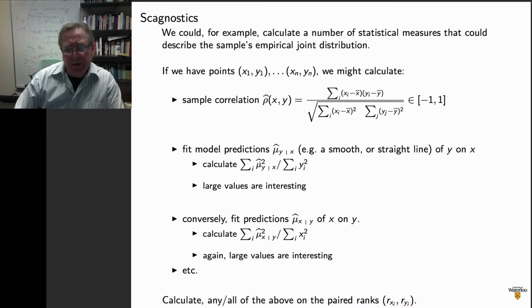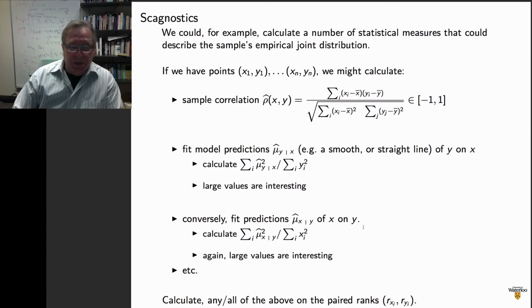Or we might have some notion that the data lie near some small smooth area, so we might run a smooth over the whole scatterplot and think about how well we're fitting: how much of the variation in the data, the summation of yi squared, is explained by that smooth. The larger that is, the closer the data seem to lie to a smooth. Same with the correlation: the larger that is in absolute value, the closer the data are to a straight line.